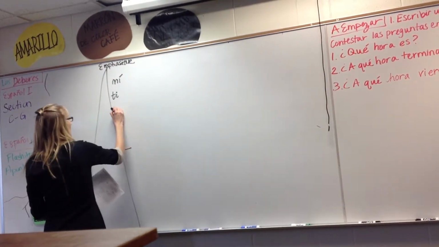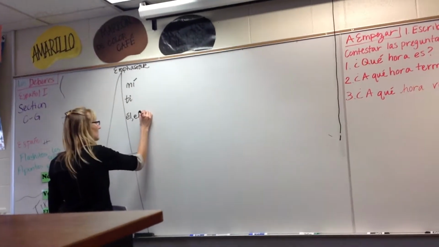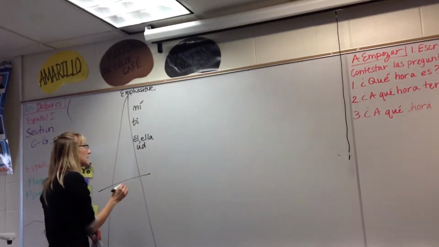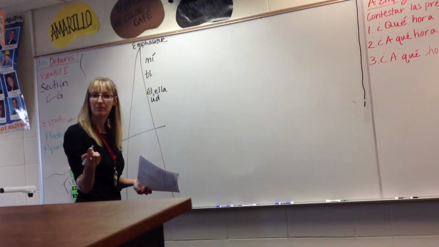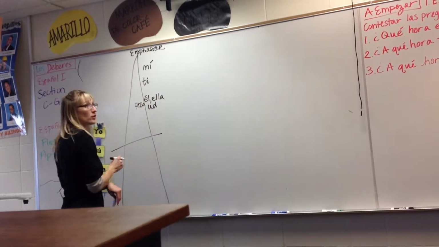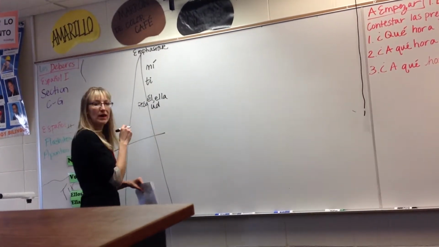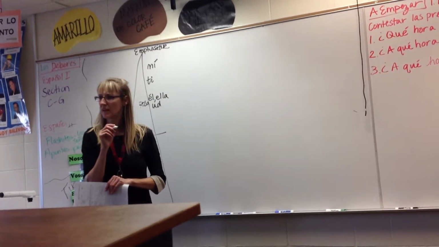How do you say to him, to her, or to you formal? A él, a ella, or a usted, right? Or any one name. It could say Rosa, it could say Luis, it could say el perro. How do you say to us? A nosotros.